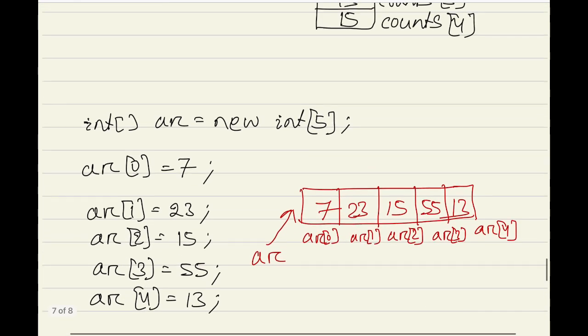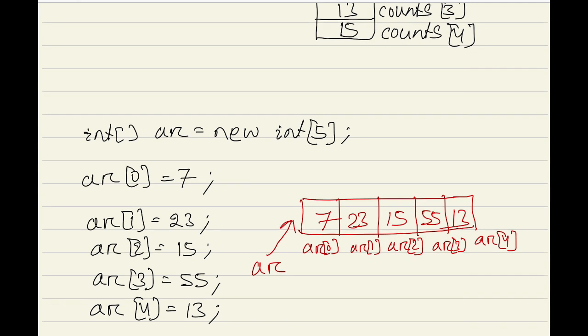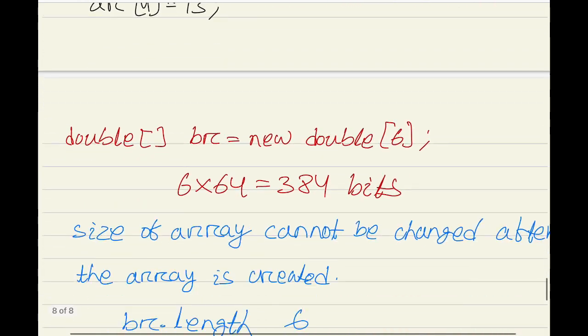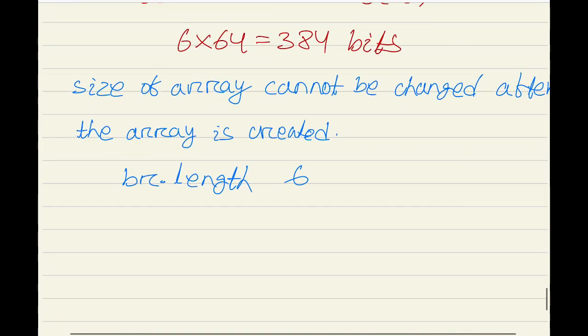Similarly, in this example, if we write ar dot length, it is going to return 5 because here the size is 5, you can see. So for every array we can get the size or the length of the array by the syntax array reference variable dot length.